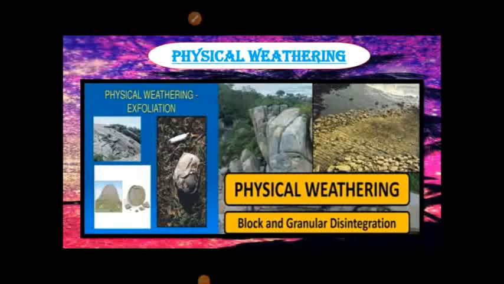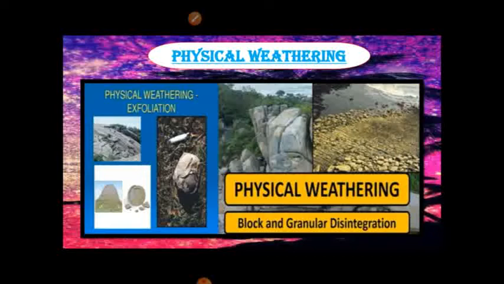Exfoliation. The alternate heating and cooling on rounded rock surfaces leads to the peeling of rock layers, layer by layer, like an onion. This is called exfoliation. Granular disintegration. Granular disintegration takes place in crystalline rocks where the grains of the rocks become loose and fall out.